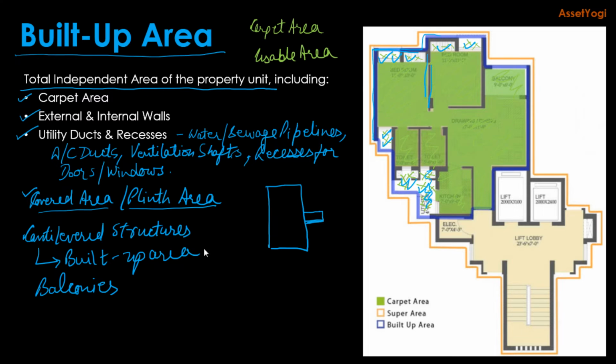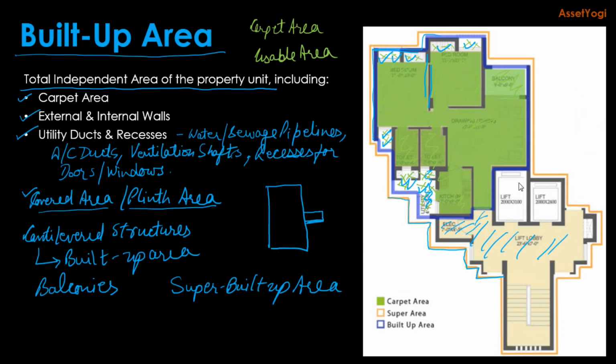And then there is another term which is called as super built-up area. And if we have a look at this illustration again, this area marked in yellow comprises of super built-up area. So basically it includes proportionate share of this common area also, along with the built-up area.